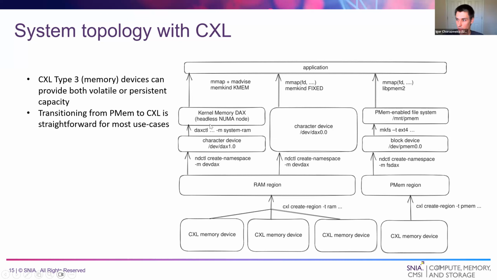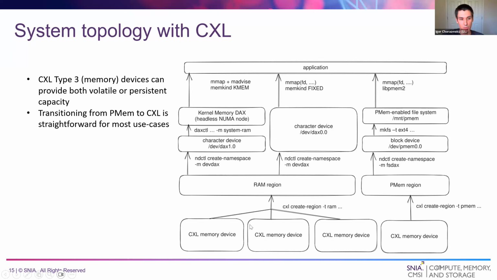So we can expose this as a headless NUMA node. I will also discuss what a NUMA node is in a second. We can expose this as a character device, so through a DevDAX. And we can also create basically a file system on top of persistent memory or CXL device and have all the benefits that come with a file system, like, for example, permissions and so on, right?